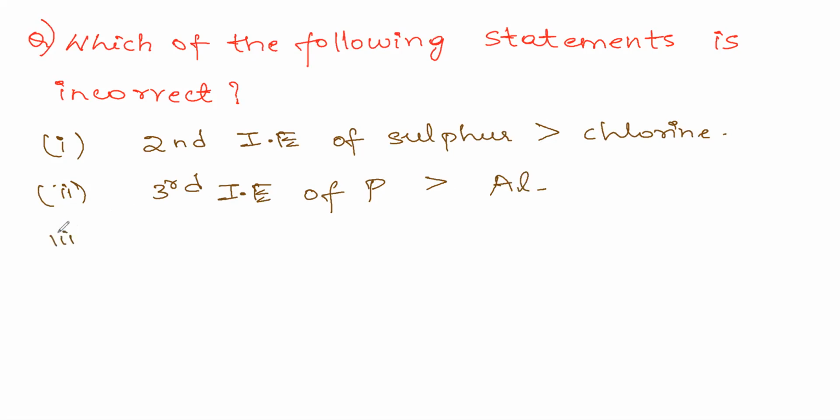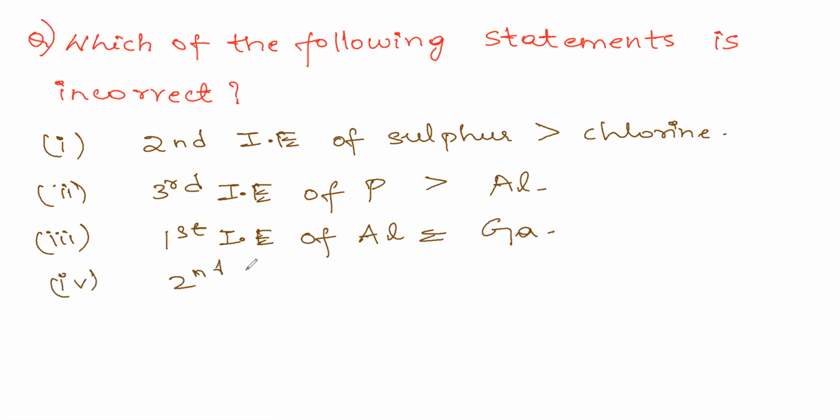Third option, the first ionization energy of aluminium is equal to the first ionization energy of gallium, Ga. Fourth option, the second ionization energy of boron is greater than that of carbon.